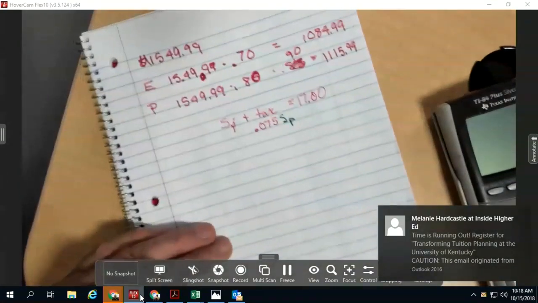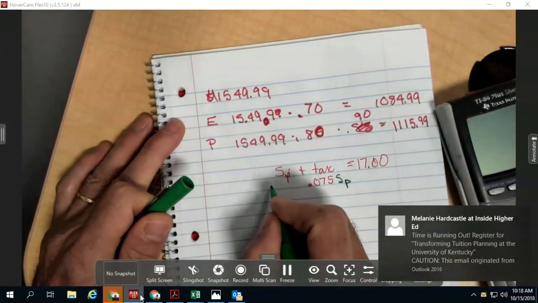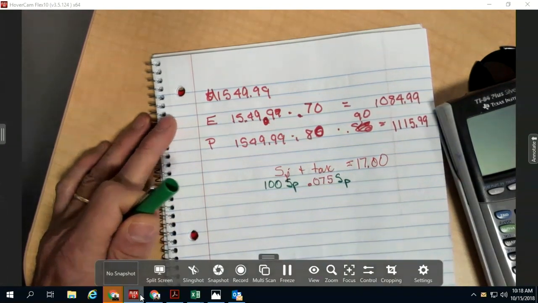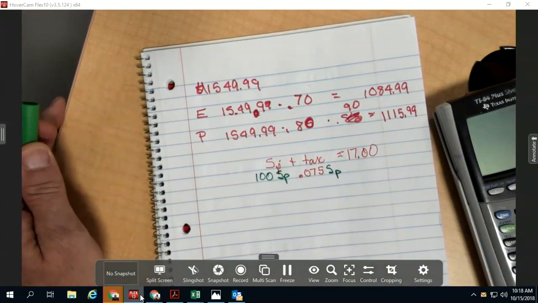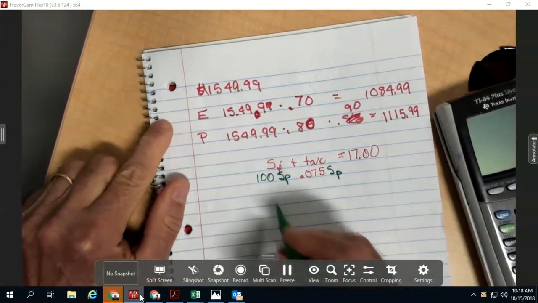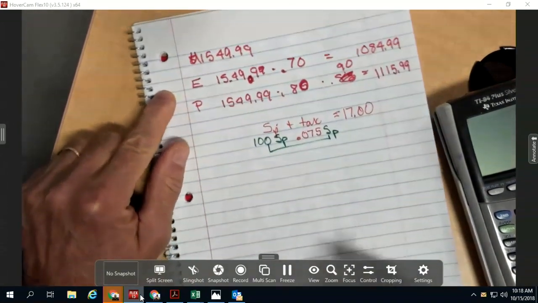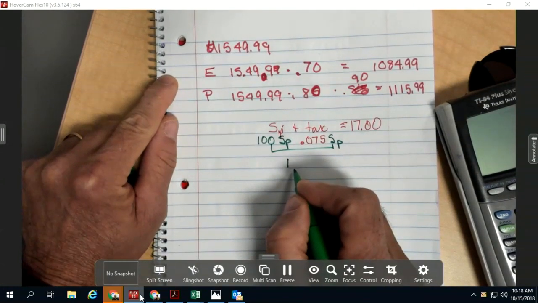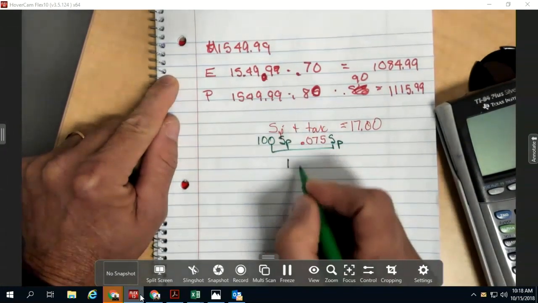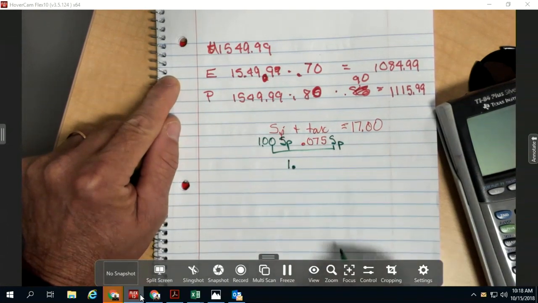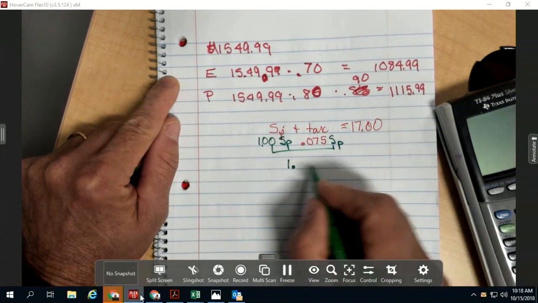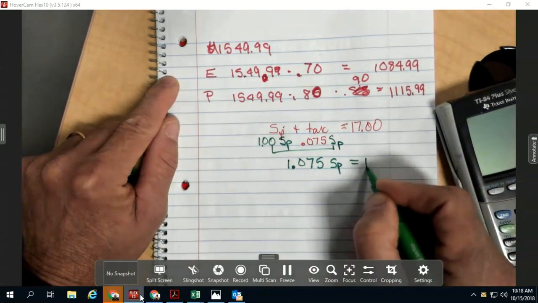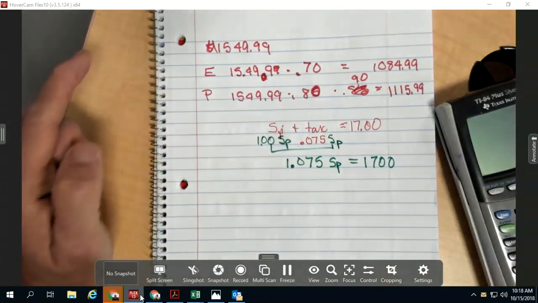So what are we going to do in this case? This would be 100% of the sale price, correct? Does everybody agree? What's the total of these two when you add them together? 1.075 times the selling price is $17.